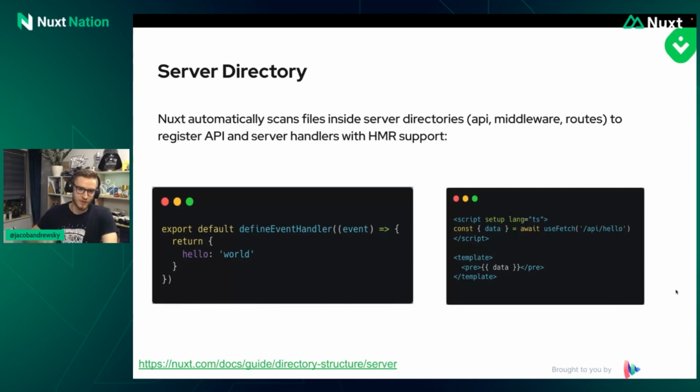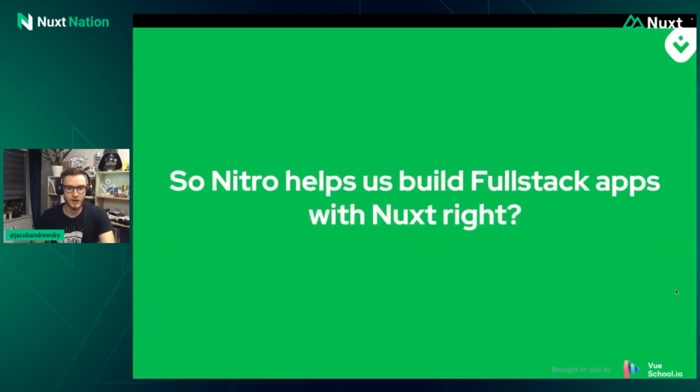So if we create, for example, an API called hello.ts in the server/api directory with code such as this one, and then we call it from our Vue application, like shown on the right side, we will get the data. So we have this connection between the front end and the backend, or the server, to be more specific.